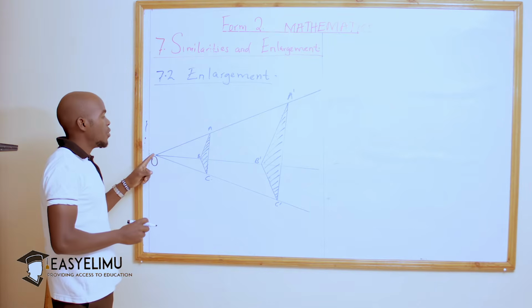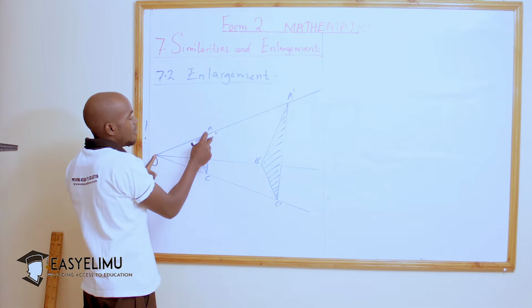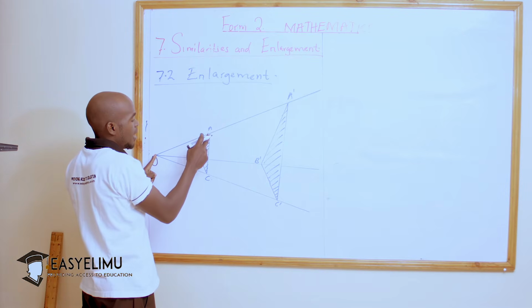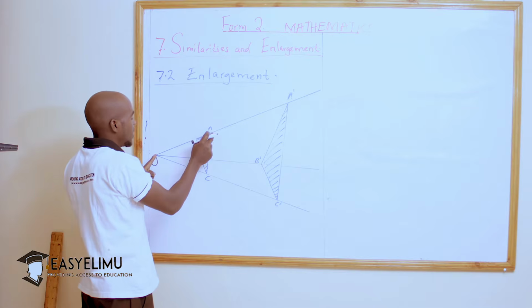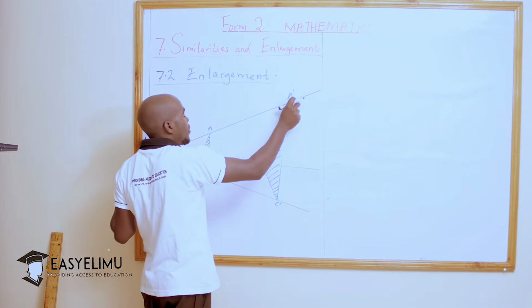For instance, you can view this line here, OA, where A is the vertex of triangle ABC, and you can see it joins at O, and the same line joins A prime.